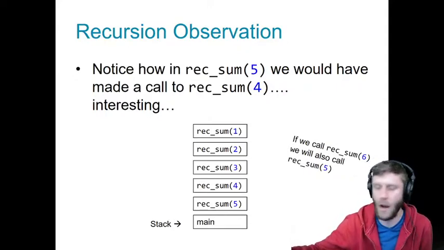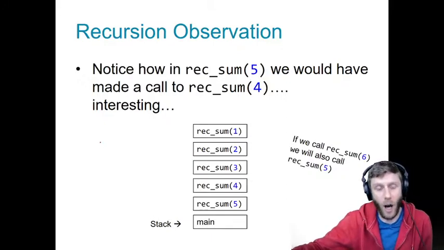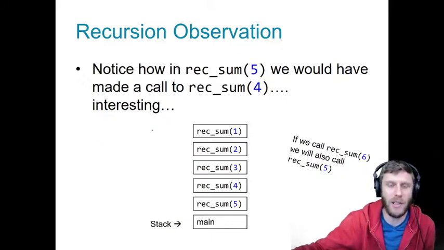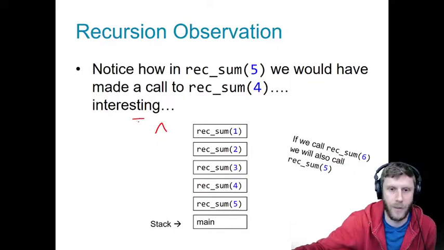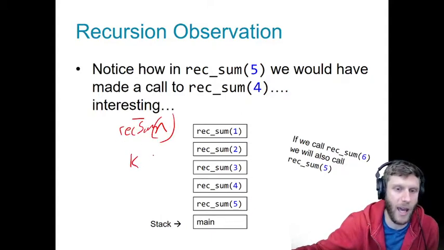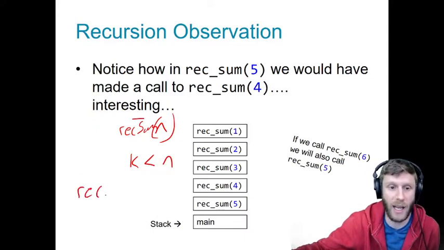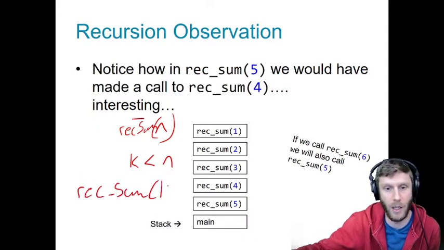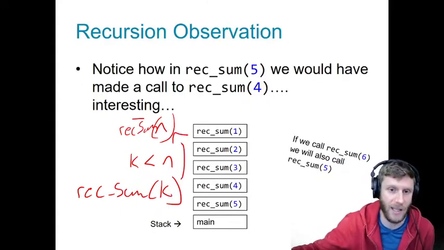I know I didn't call rec sum 6, but if I was doing rec sum n, and I had some arbitrary value k, which is known to be less than n, the solution to rec sum k is computed here if k is less than n.